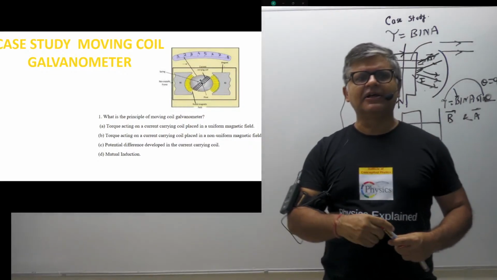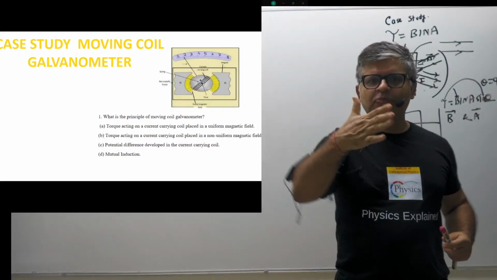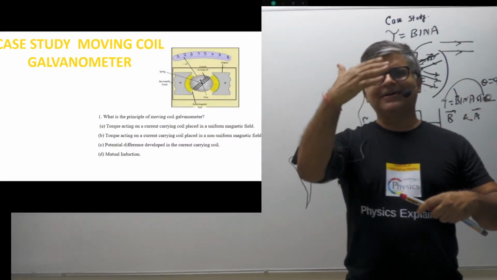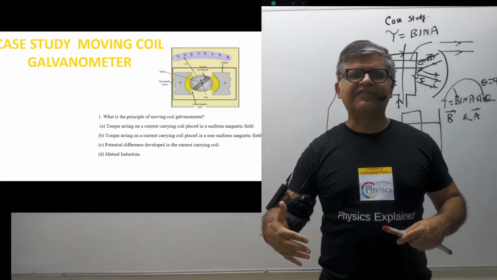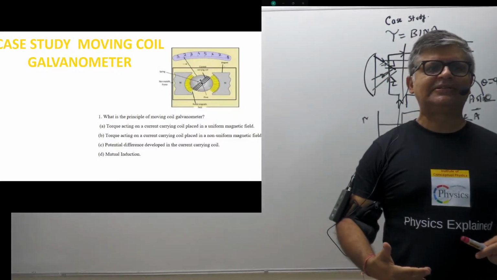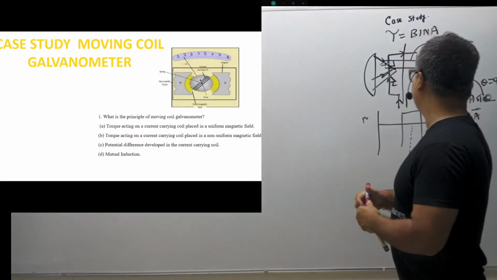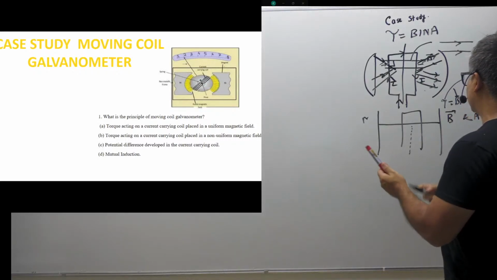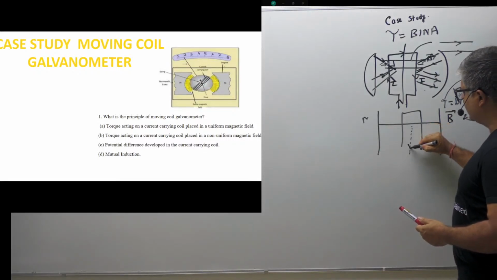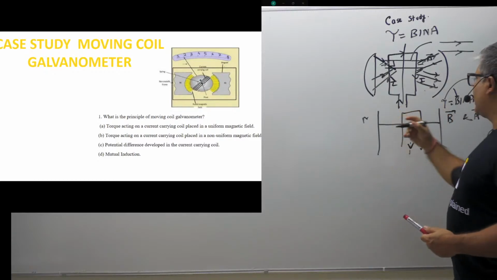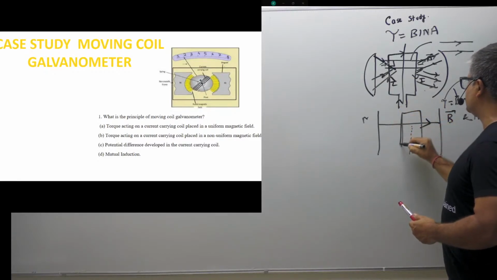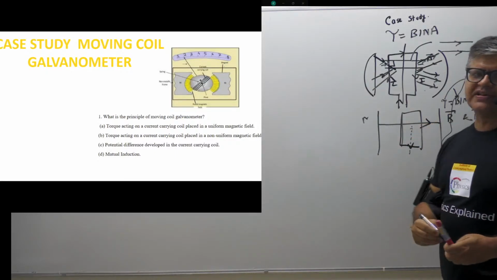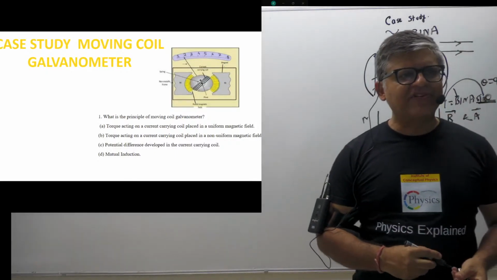Because the angle which the coil sees when it moves anywhere, the area vector and the magnetic field make an angle of 90 degrees, right? So you will have maximum torque getting applied in all the situations, right? So you can see the area vector is here coming outward and the magnetic field is here, right? So in any position, this is what it is going to be. So sine 90 always.